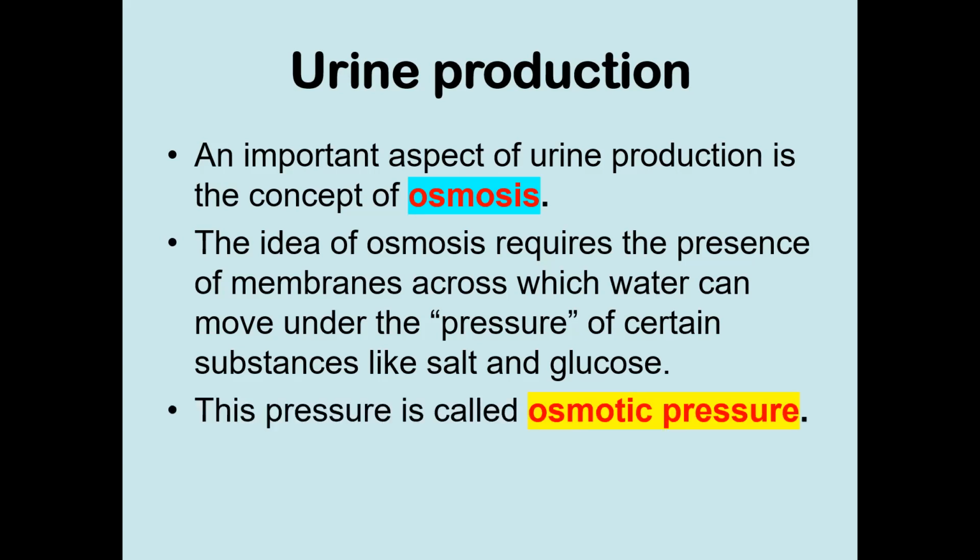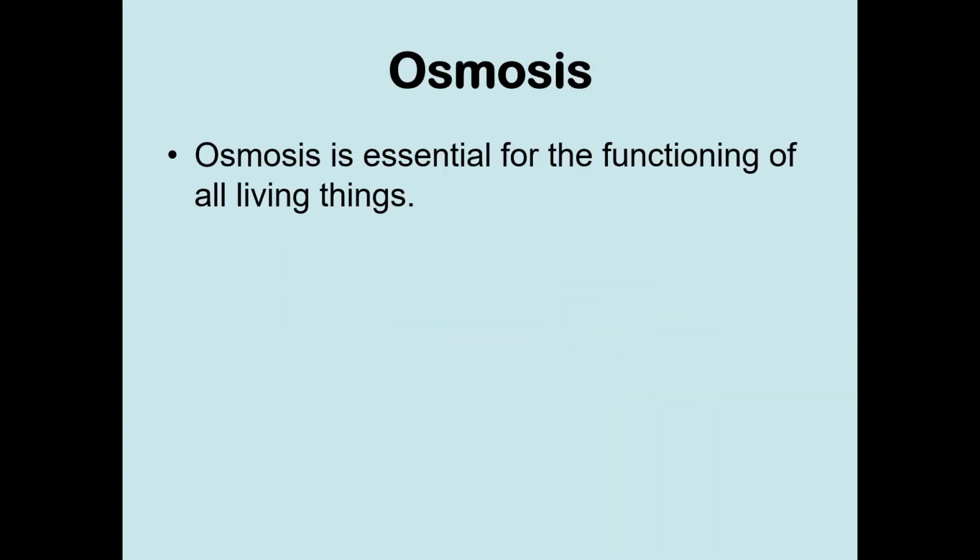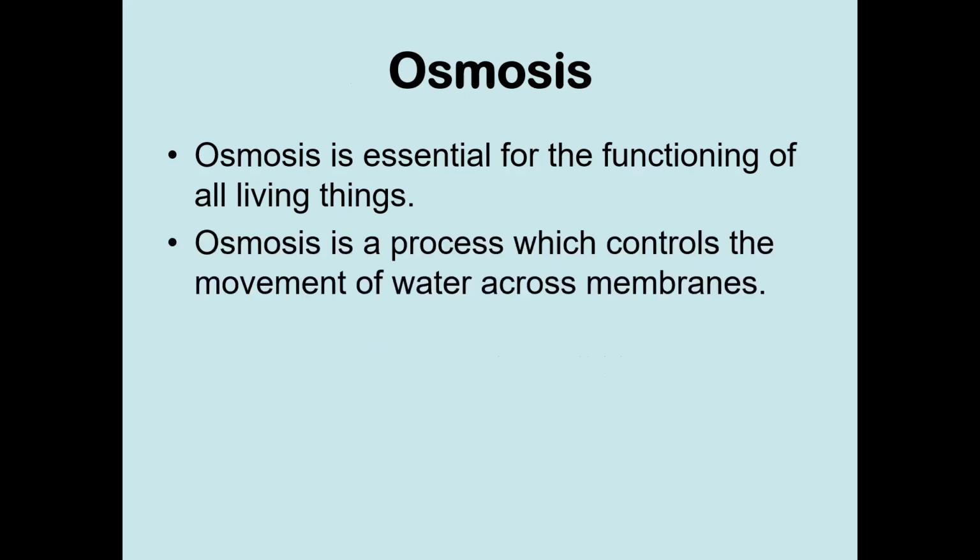Depending on what the difference is, you end up with an osmotic pressure. And the greater the pressure, the more movement there is. So I'll go through osmosis because so few people really have an idea of what it's about. But we operate under this process of osmosis. Our whole body works on this, and it controls water across all our membranes.